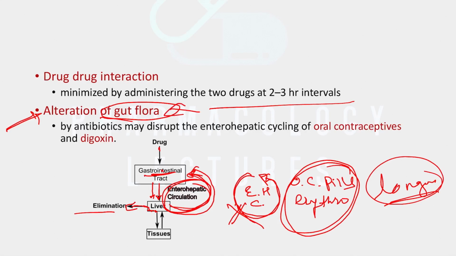For example, if you give antibiotics, they will alter the gastrointestinal flora and affect enterohepatic circulation, and eventually affect the drugs which undergo enterohepatic circulation and their duration of action. So this is how enterohepatic circulation, in brief, gets affected by different drugs and by GI flora.